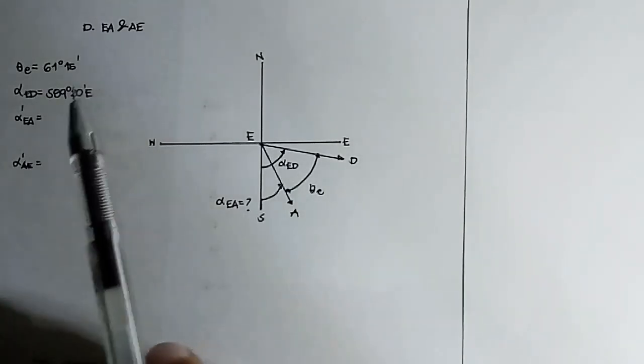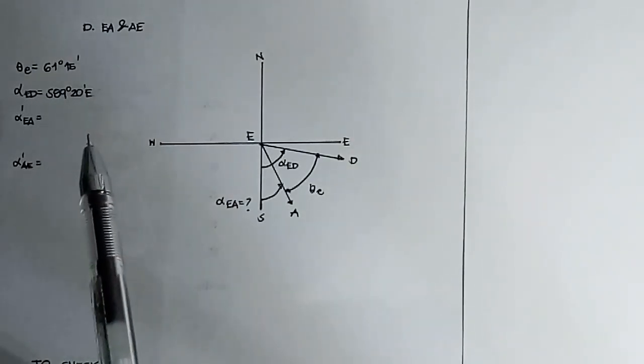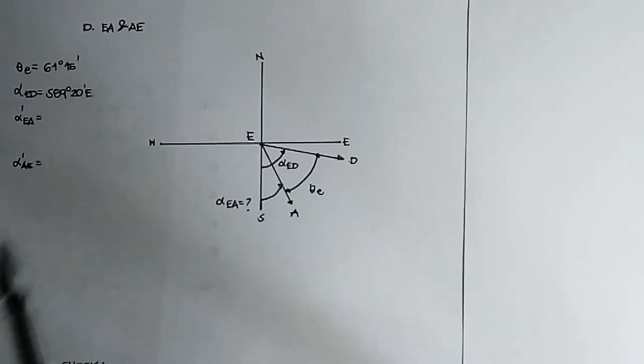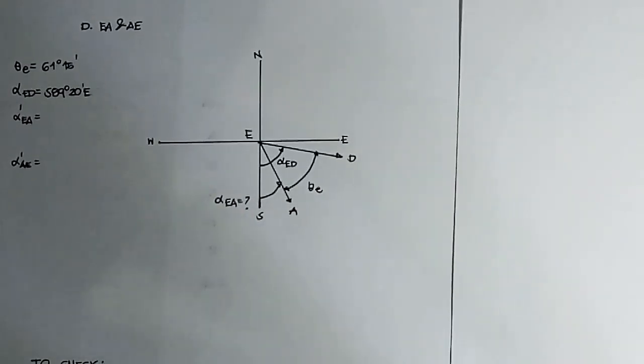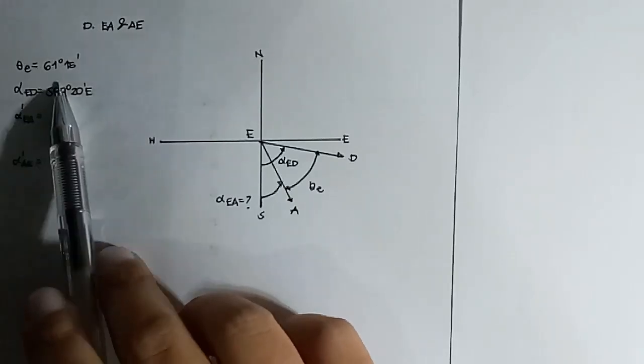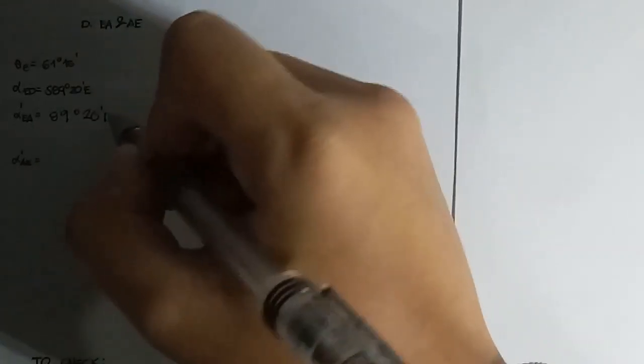So, ang gamit na rin natin dito is yung adjusted interior angle ng E, and then yung adjusted bearing ng ED, which is 89 degrees and 20 minutes east. So, para makuha na natin yung adjusted bearing ng EA, ang gagawin naman natin ngayon is ipagsusubtract lang ulit natin yung ating adjusted bearing ng ED at ang ating interior angle sa E. So, 89 degrees and 20 minutes east yan.